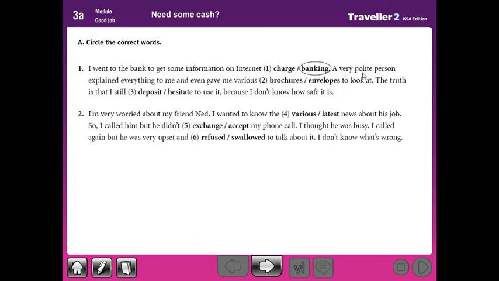A very polite person explained everything to me and even gave me various brochures to look at. The truth is that I still hesitate to use it because I don't know how safe it is.